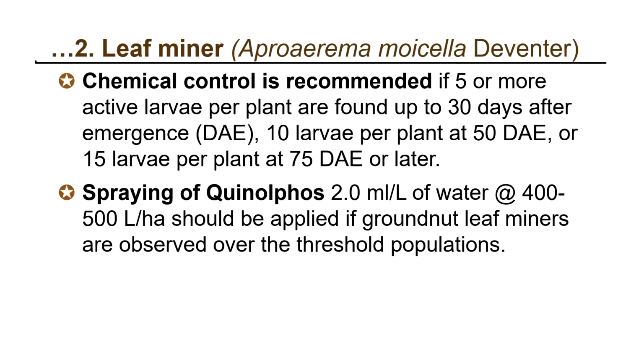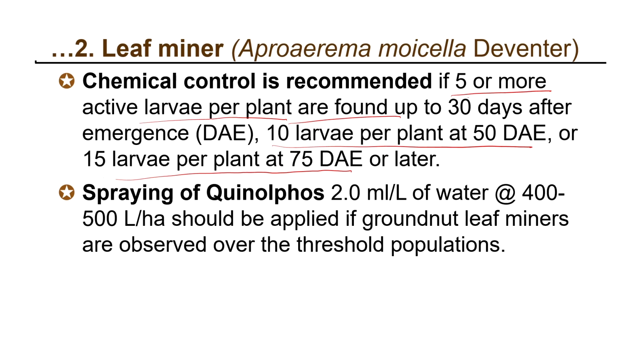Now, coming to chemical control, it is recommended if 5 or more active larvae per plant are found. So, this is the economic threshold of this insect. 5 or more active larvae per plant up to 30 days after emergence of the crop, 10 larvae per plant at 50 days after emergence, or 15 larvae per plant at 75 days after emergence or later.